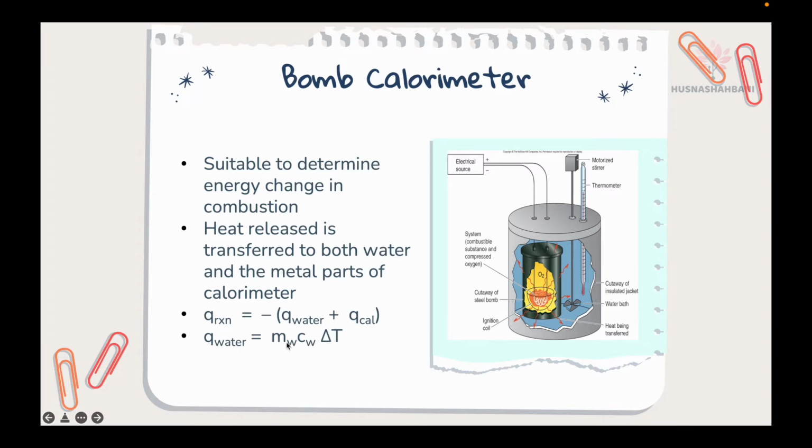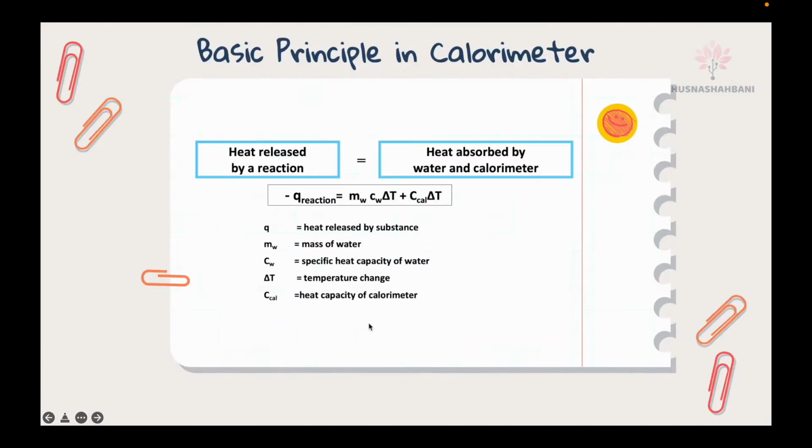So this is the Q water equation, and you also need to take into account the Q calorimeter. So here it is. Heat released by a reaction is equal to heat absorbed by water and calorimeter. Calorimeter here is the metal parts of the calorimeter.